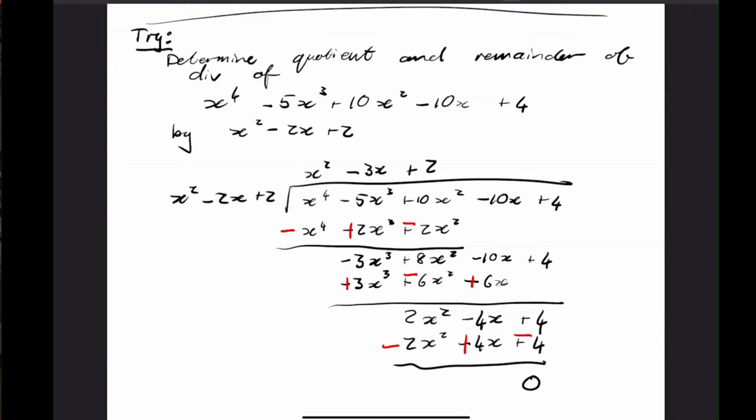It really shouldn't take you too long, like a minute or 2 minutes. Make sure that you're practiced with your mental arithmetic. That also helps.